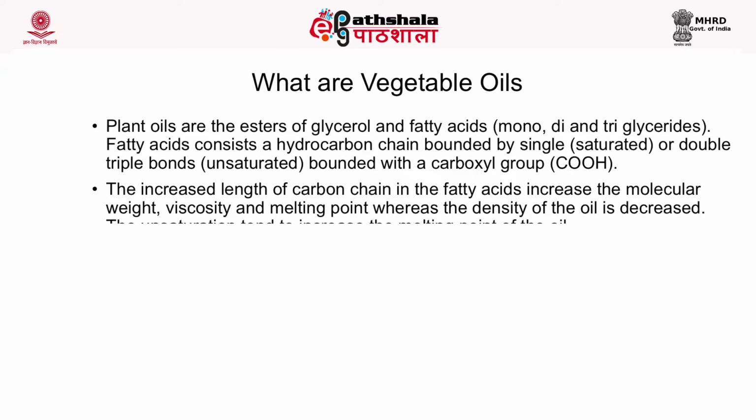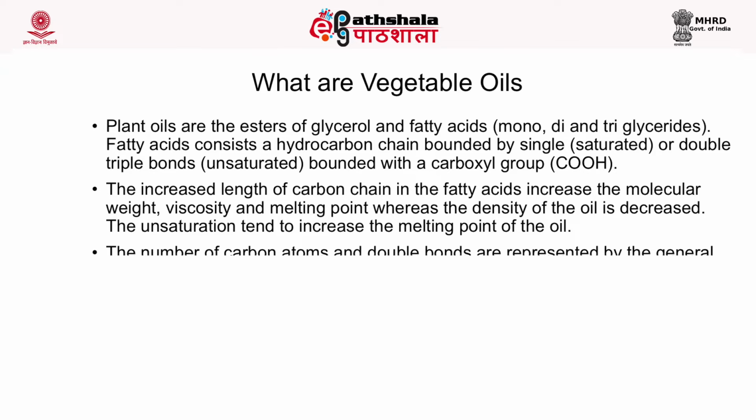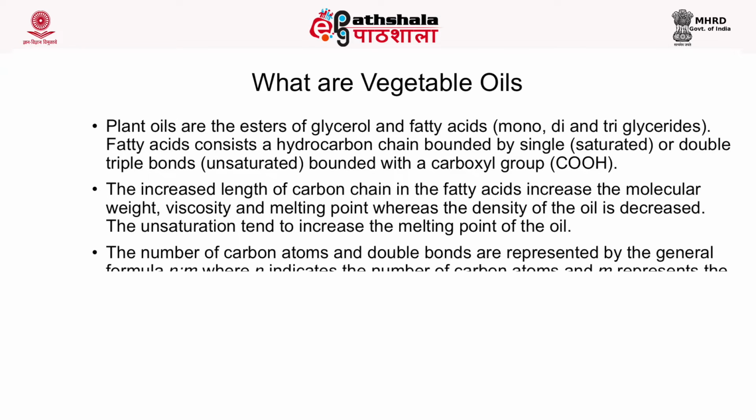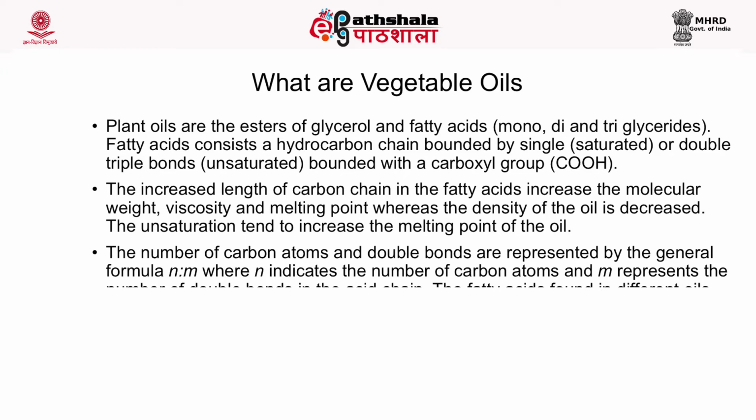The increased length of carbon chain in the fatty acid increases the molecular weight, viscosity, and melting point, whereas the density of the oil is decreased. The unsaturation tends to decrease the melting point of the oil.